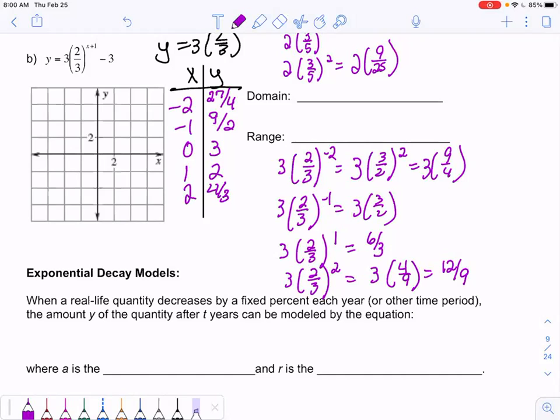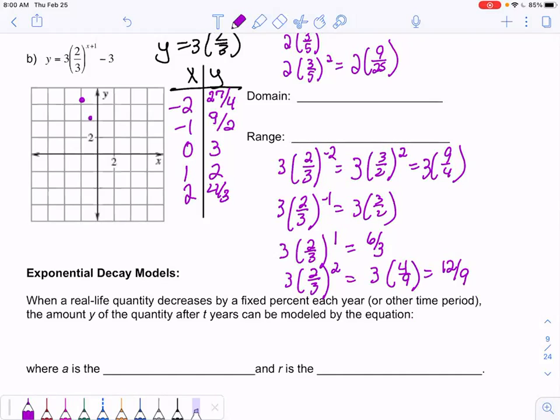So this graph, just be careful, it's scaled by 2's. So I'm going over to -2. 27/4 is a little more than 6. Oops, over to -2. 9/2 is 4.5.